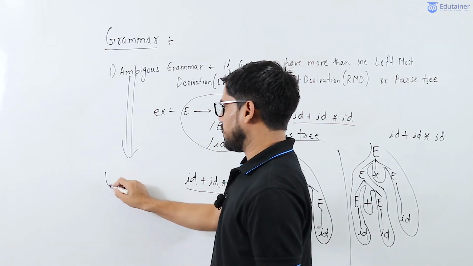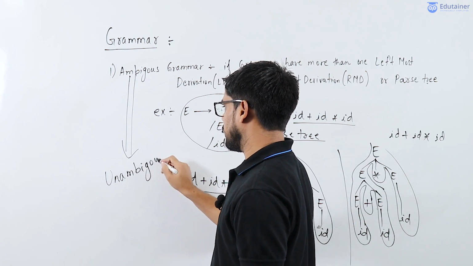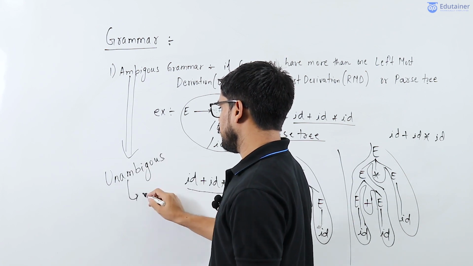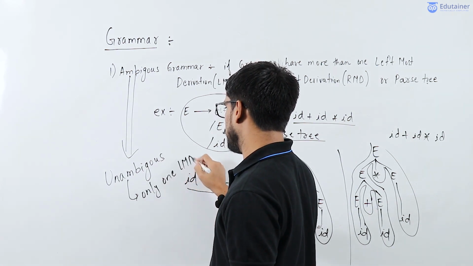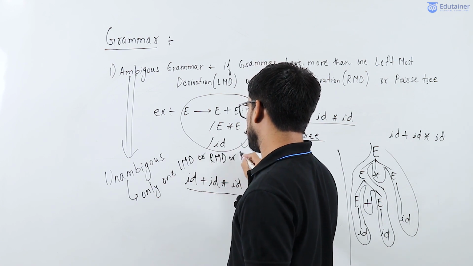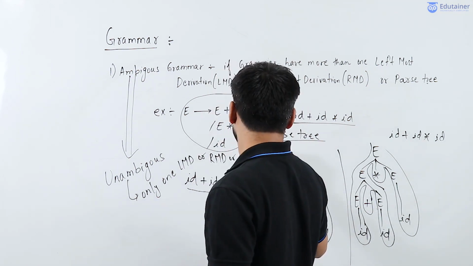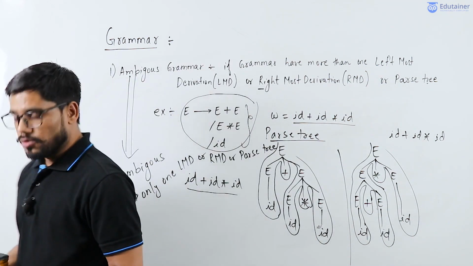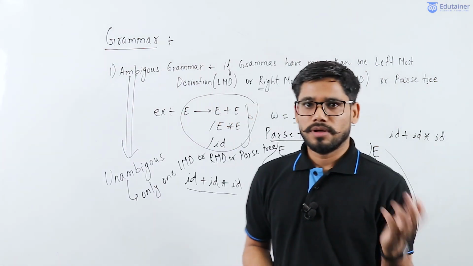So unambiguous grammar, strictly speaking, is the grammar which has only one LMD or one RMD or one parse tree. Got it? Okay. So in the next video we will see how to convert ambiguous grammar to unambiguous grammar.